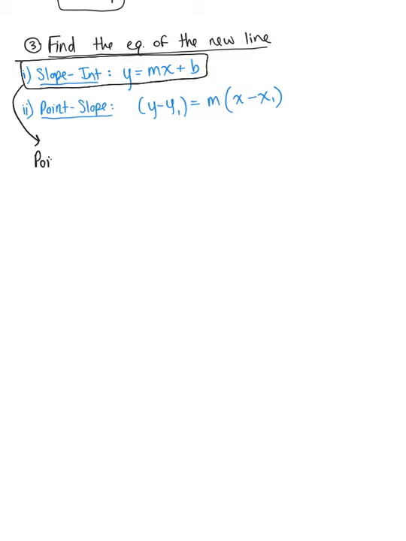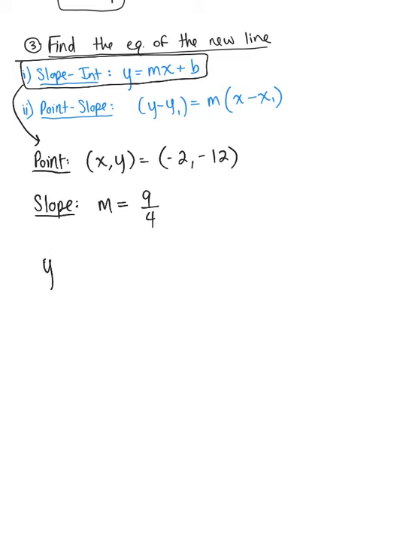So our point, again, that the line must pass through, this point (x, y), we were given (-2, -12). And we just found the slope of the line to be 9/4. So we're going to plug these values into our slope-intercept form.